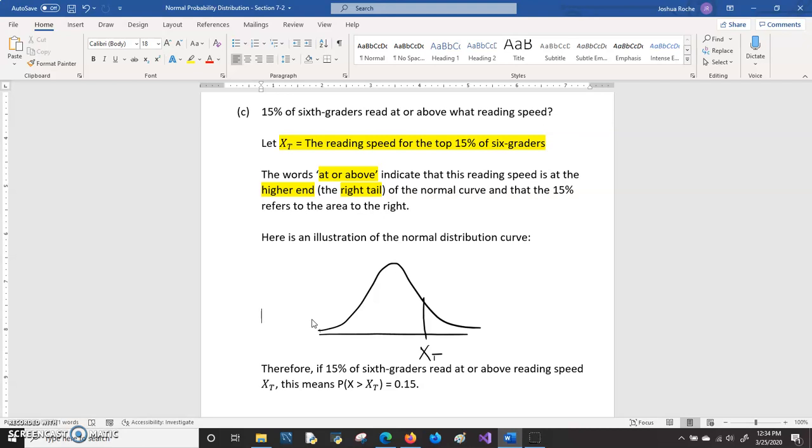And it's saying that this is referring to the top 15% of 6th graders, those who read at or above this speed. So that 15% refers to the area under the curve that's to the right of xt.